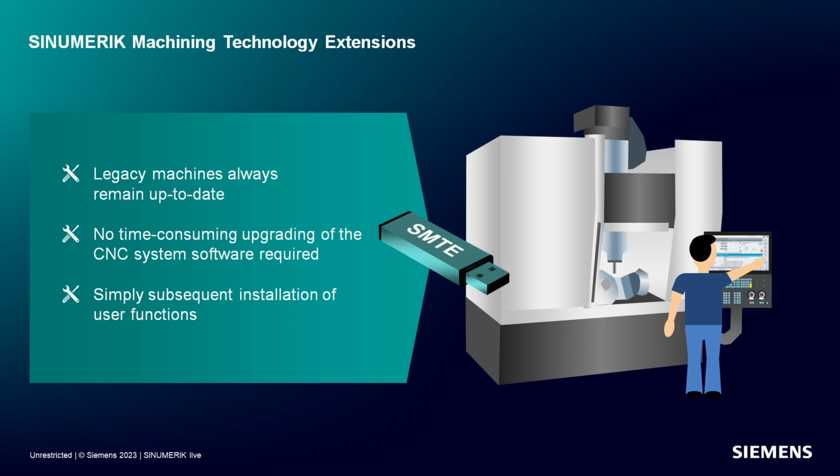Machine tool innovation cycles are getting shorter and shorter. Sinomeric One offers a leading-edge feature with its Sinomeric machining technology extensions for subsequent installation of user functions. The idea behind this is you simply import the functions and off you go. Plug and play, just like on other modern IT systems.